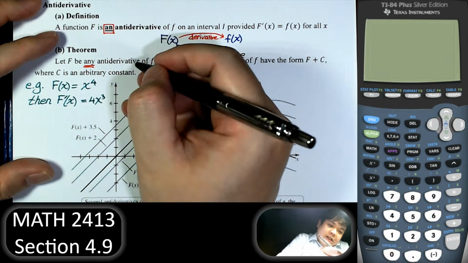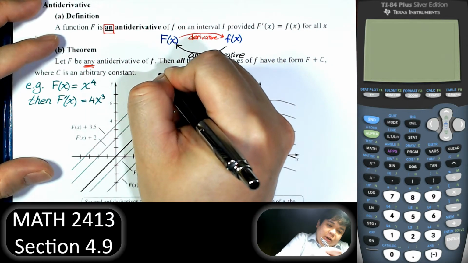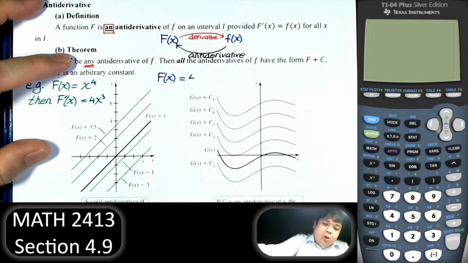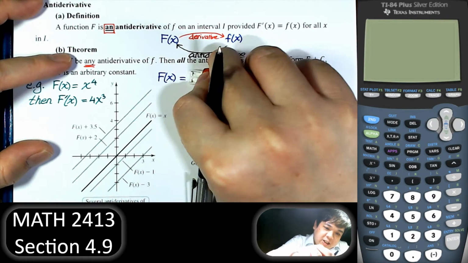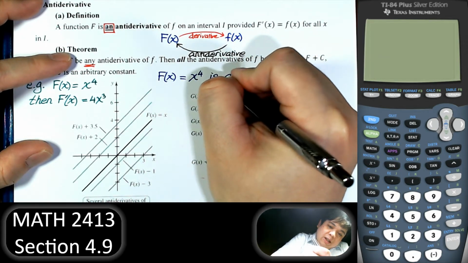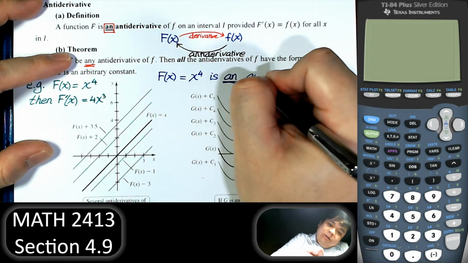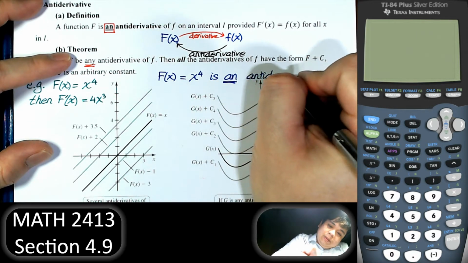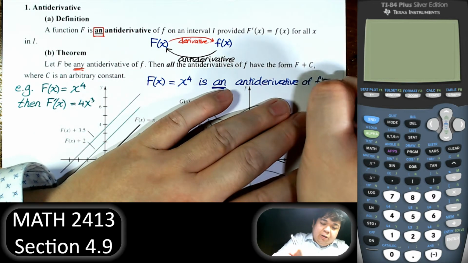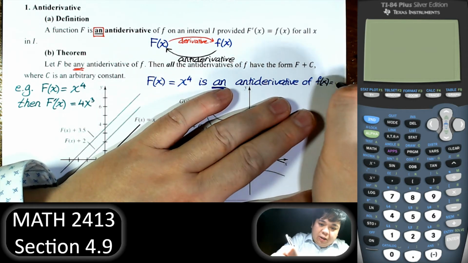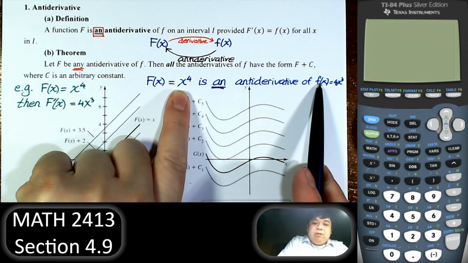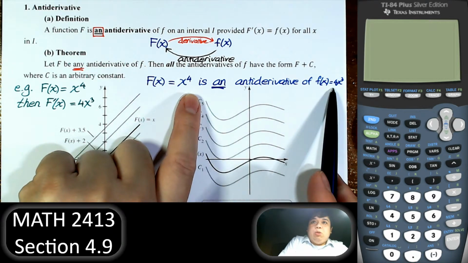Then we can say f of x equal x to the fourth is an antiderivative of the function 4x cubed.